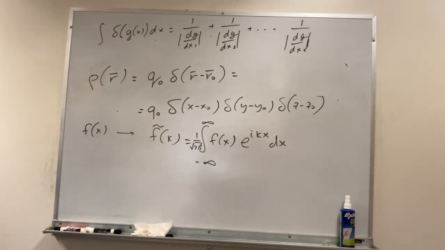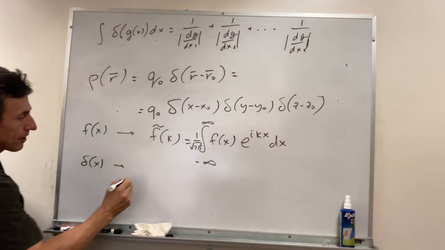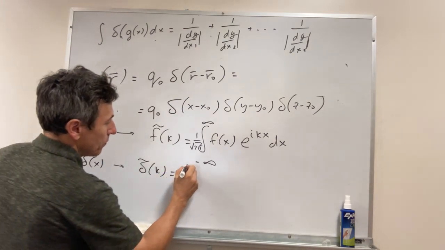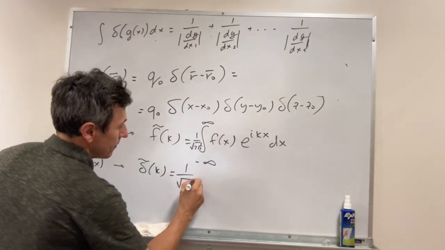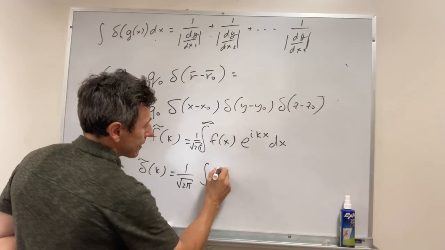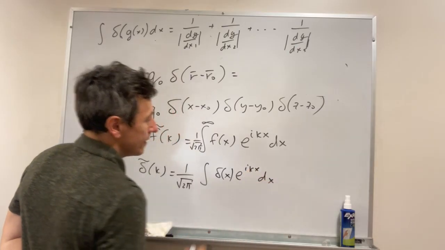Now let's look at the Fourier transform of the delta function, which depends on k. It will be 1 divided by square root of 2 pi, integral of the delta function of x, exponent i k x, dx.